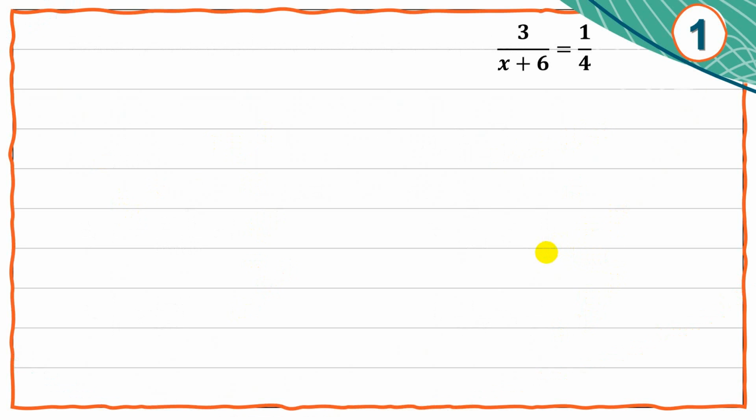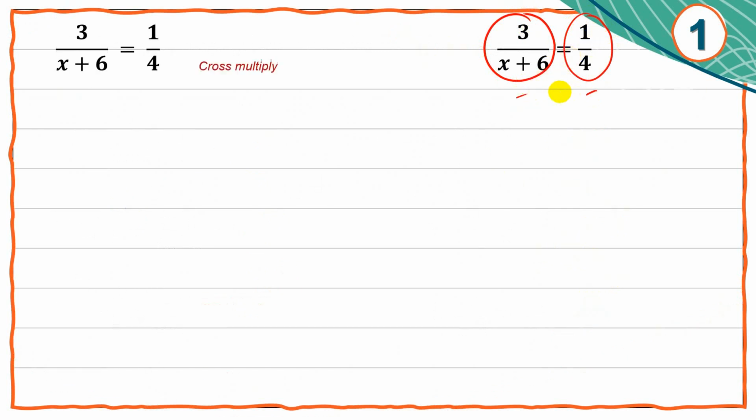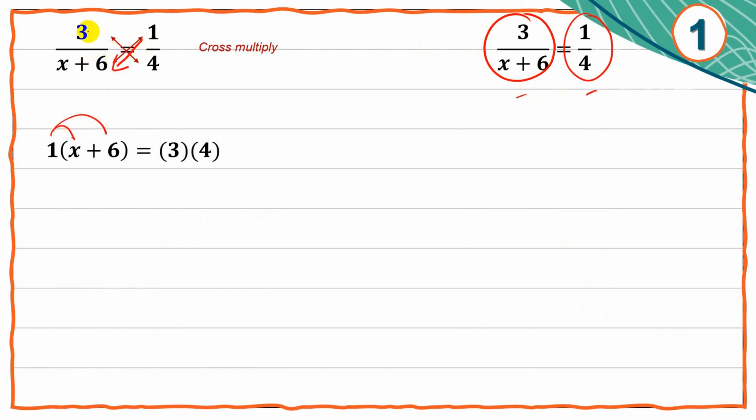So there are two techniques here. If both sides of the equation are single fractions, just like what you are seeing, just simply cross multiply. So if we're going to cross multiply, we will have 1 times x plus 6, and then the other one, 3 times 4. In this case, we just need to do distribution and also multiplication.